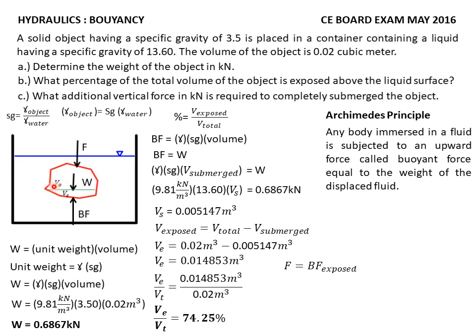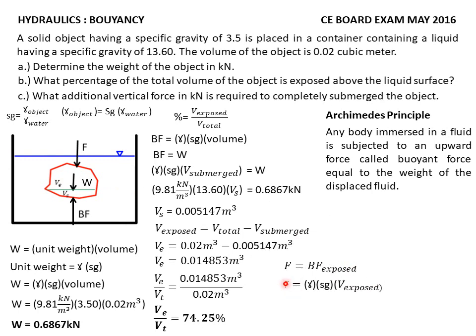So we have the volume of the exposed as already computed, and let's multiply it by the unit weight of water. The additional force is equal to the buoyant force of the initially exposed. Initially, because it was initially exposed earlier, and then when we applied the force, it became submerged. So the force is equal to the buoyant force of the exposed.